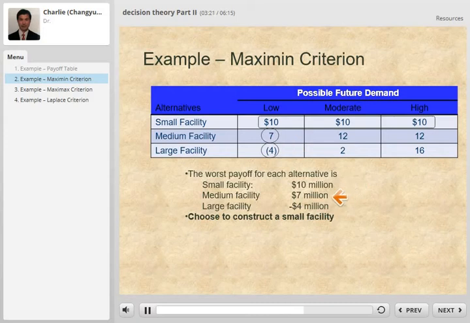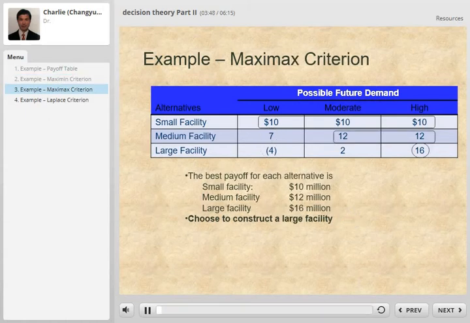Okay, medium facility, $7 million is the worst scenario. Large facility, negative $4 million is the worst scenario. So we worry about this worst scenario. Out of these three worst scenarios, we pick the one that gives us the best payoff, which is $10 million. Okay, so we choose to have a small facility.